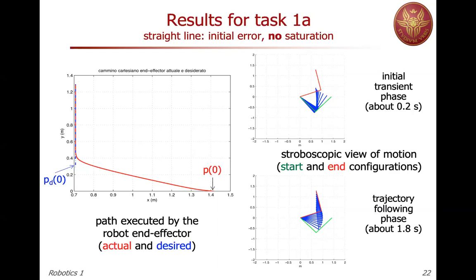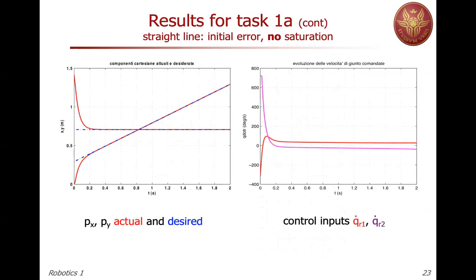So if we look at the time profile now, because those were not timed. The stroboscopic was sampled, but I don't know how fast this is, although I've written 0.2 seconds and 1.8. But here I have it over time, and the dashed blue lines on the left plot are the desired Cartesian components. In fact, you see that the x-axis is constant at 0.7, while the y value grows linearly at constant speed between 0.3 and 1.3.